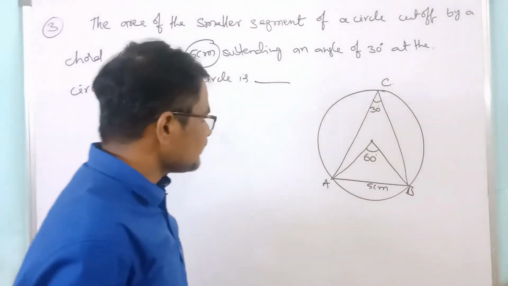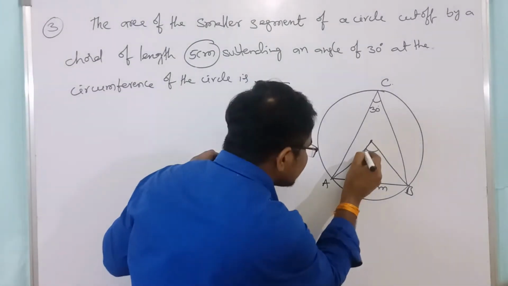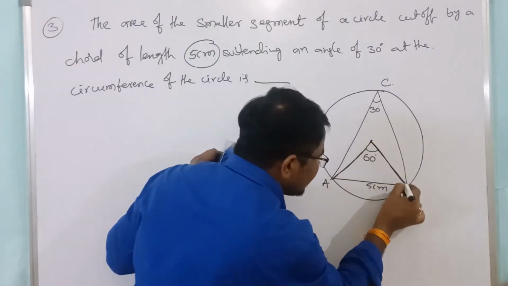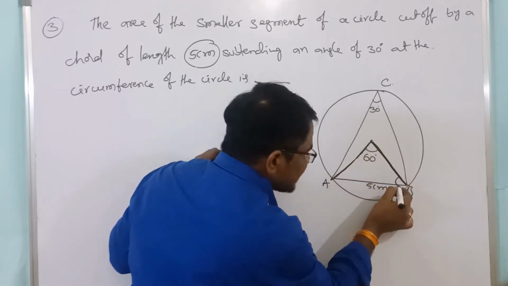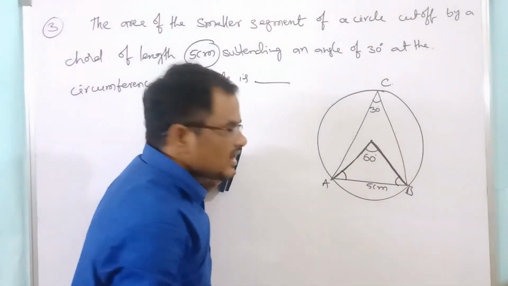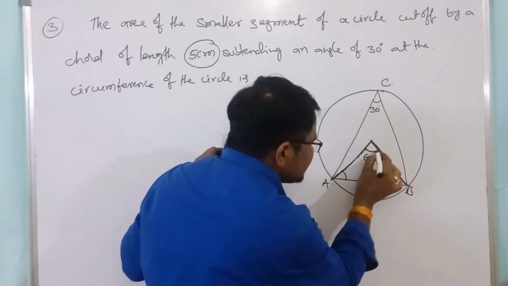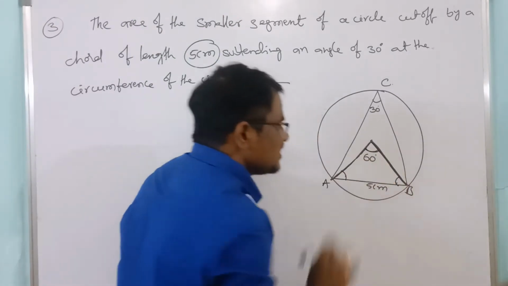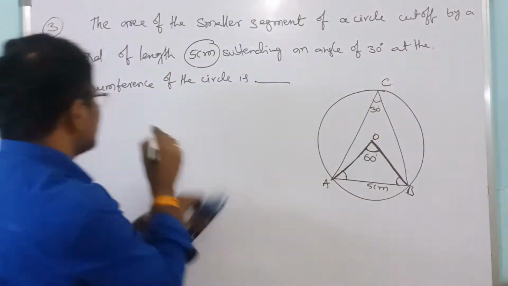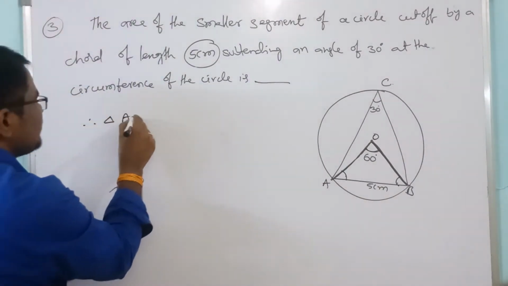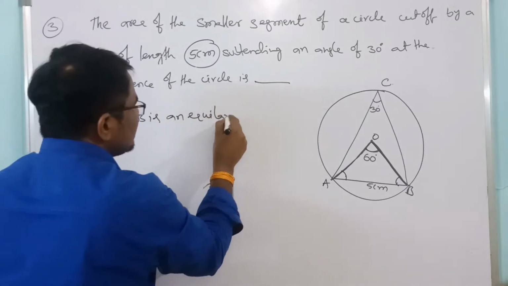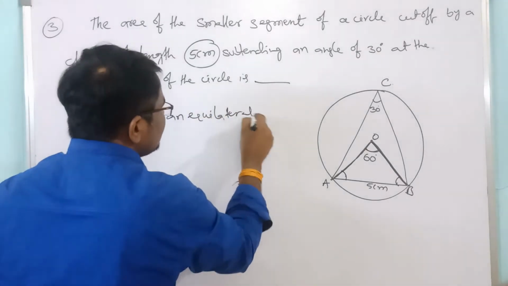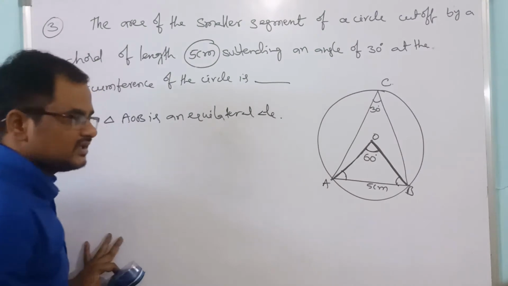Now here this is radius and this is also radius, means this length and this length are the same, so this angle and this angle are also the same. Already here it is 60 degrees, so here also 60 and here also 60. Therefore triangle AOB is an equilateral triangle, right?